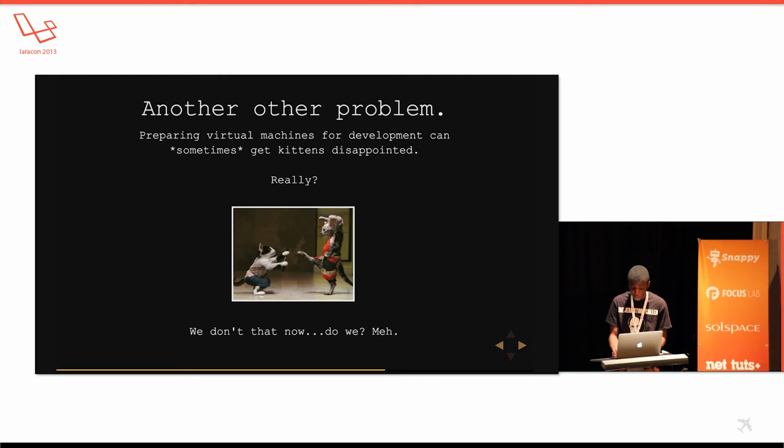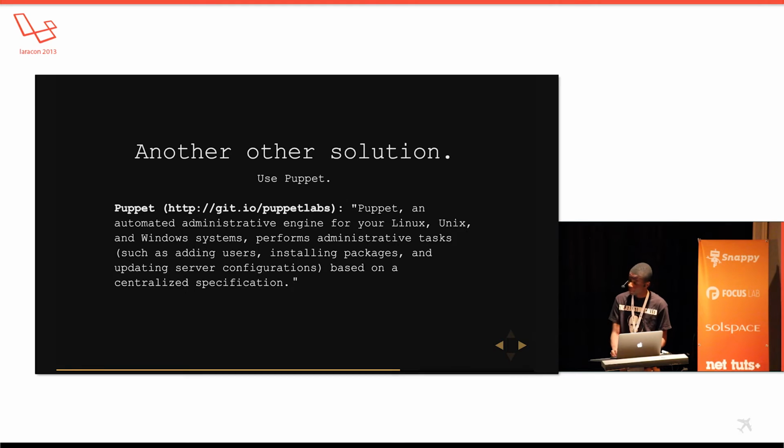So now you have another problem. Preparing the virtual machines for development can sometimes get the kittens disappointed, and we do not want that. The solution to that is using Puppet. I pulled this quote from, I think, their Git repository. Basically, it's an automated administrative engine for your Linux, Unix, and Windows.